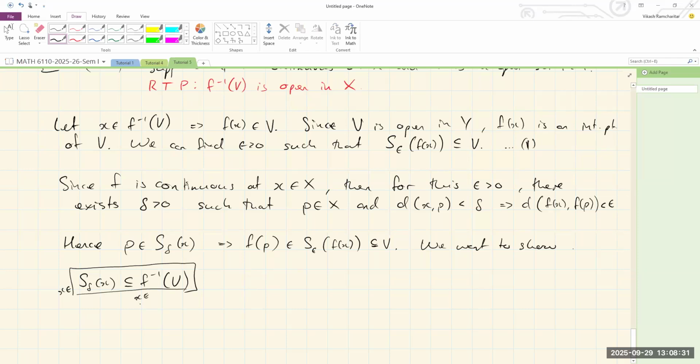If x is in the pre-image of V, then that means that f of x belongs to V, right? So f of x we already know belongs to V.